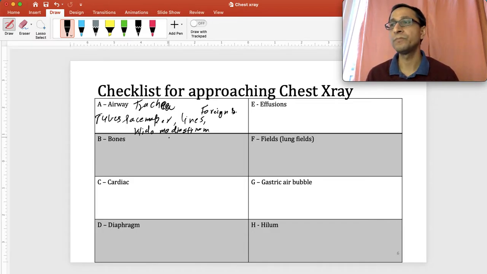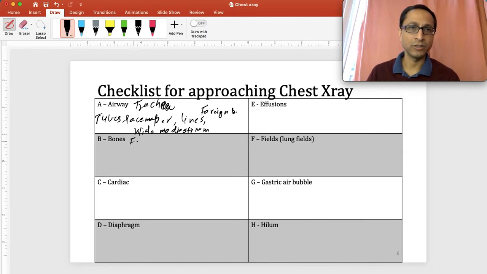You can also look for aneurysm, aortic arch aneurysm, or even dissection. All of those can cause a widened mediastinum, including anthrax, pulmonary anthrax to be specific. Right? So those are the things to look out for in the airways.